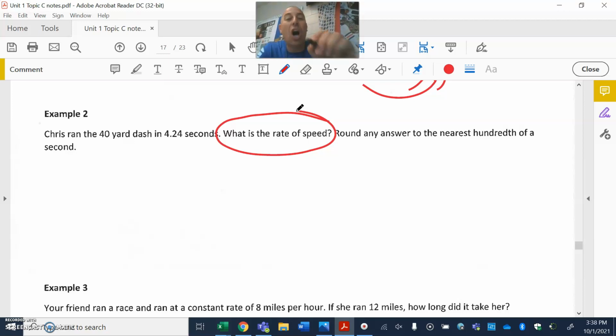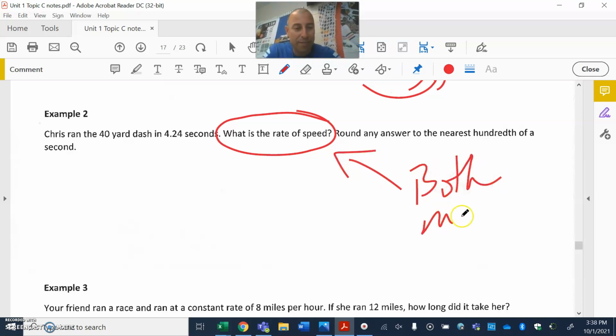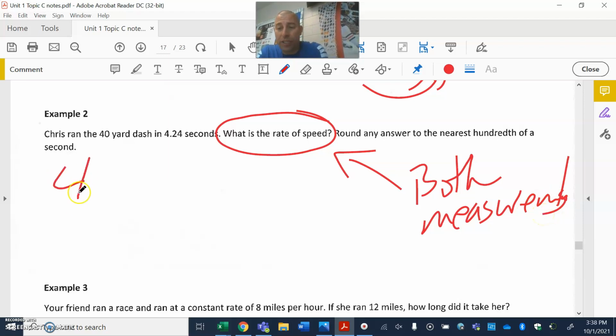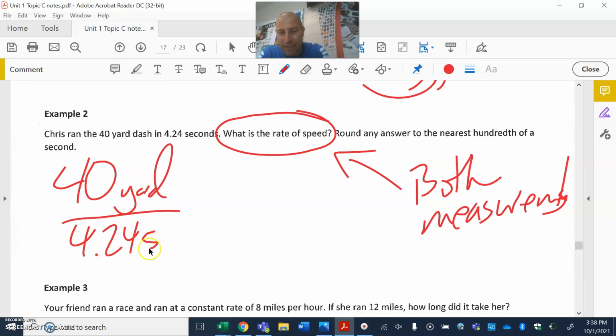So here's the thing. A rate must contain both measurements, both of them. Watch what we've got going on here. A 40-yard dash, so 40 yards in the 4.24 seconds. The rate is just like saying the unit rate: how much for one?